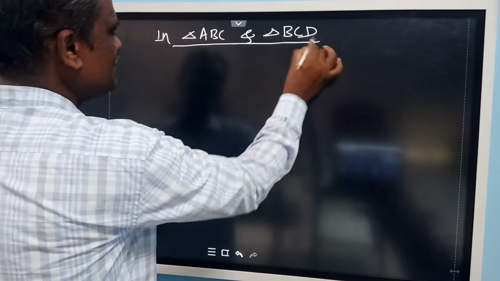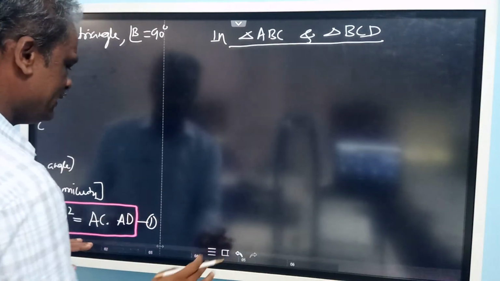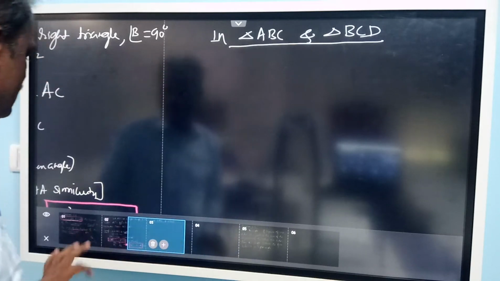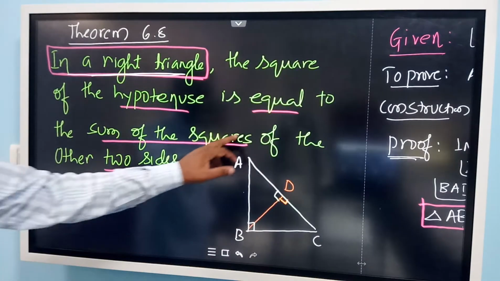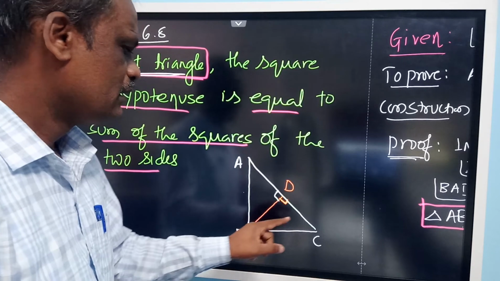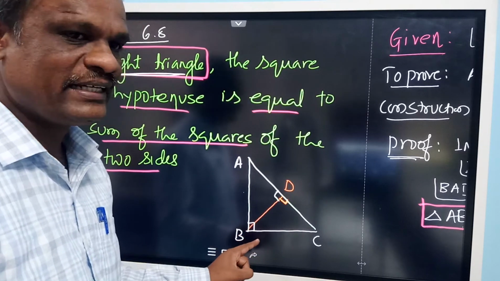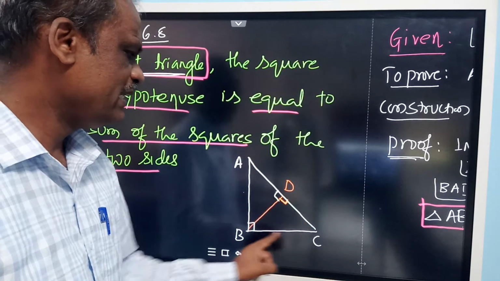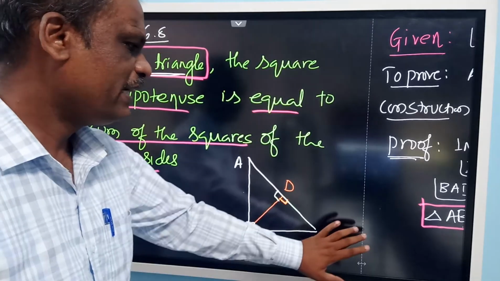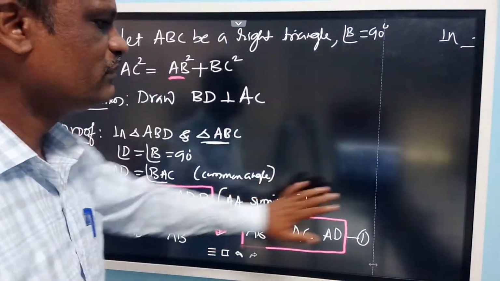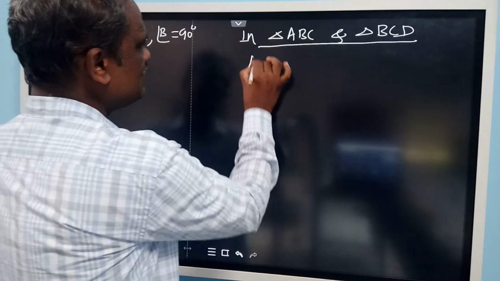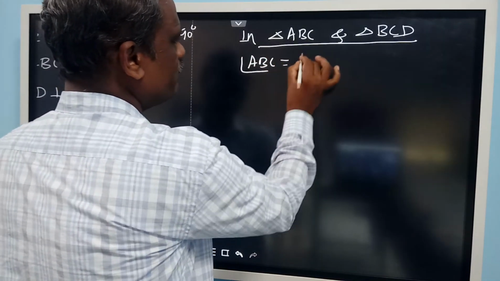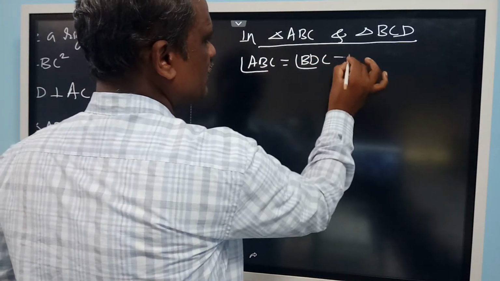In these two triangles, again we can show that they are having some common angles. In ABC, see angle B is 90 degrees. In BDC, D is 90 degrees. So we can write angle ABC is equal to angle BDC, both are equal to 90 degrees.